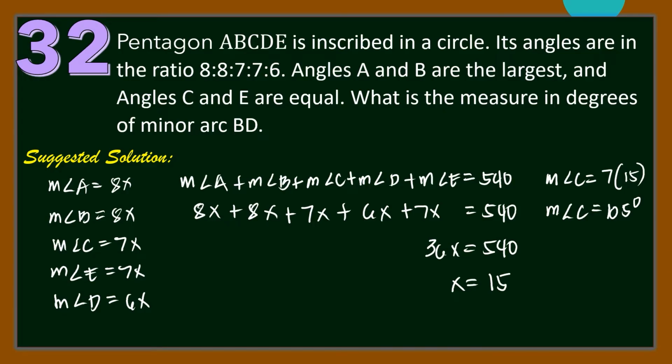Hence, the measure of arc BAD is twice the measure of angle C, and that is equal to 210 degrees. Therefore, if the measure of arc BAD is 210 degrees, the measure of the minor arc BD is equal to 360 minus 210, that is equal to 150 degrees.